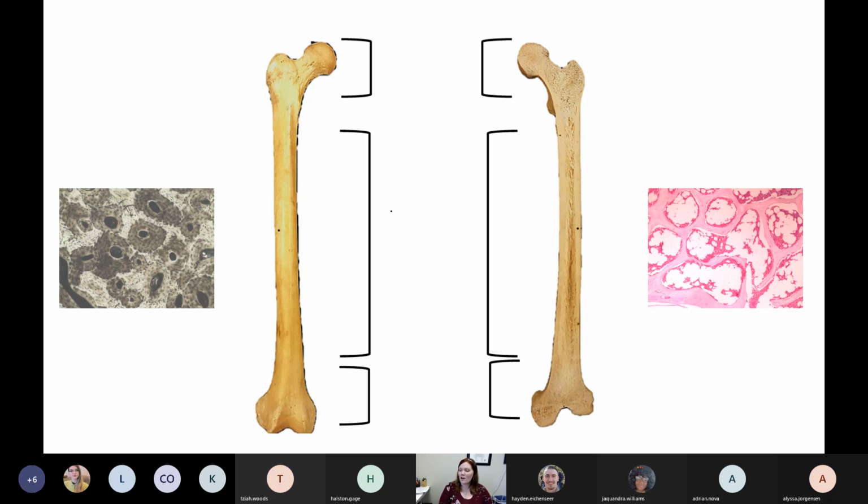So the middle part of my bone, the shaft, is called the diaphysis. Goodness, my handwriting is terrible. So sorry. The shaft of the bone, called the diaphysis. The two ends of the bone, called the epiphyses. Because we have two ends on this bone, we have to distinguish them from one another. So one of my ends is proximal, one of my ends is distal.